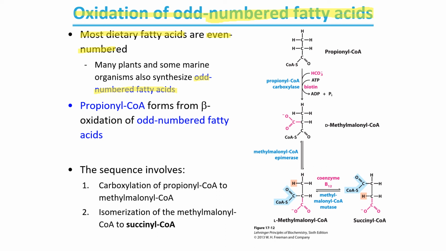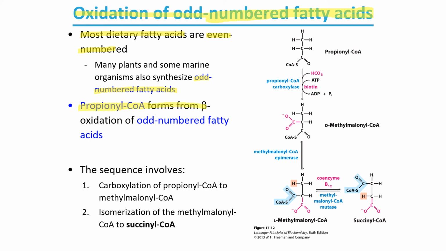So that is the problem, that we end up at 3 carbons rather than 4. That 3 carbon molecule we cannot directly break into two acetyl CoAs because it requires a 4 carbon molecule. So the thing to remember is that at the end of these odd numbered fatty acids, we get a 3 carbon molecule known as propionyl CoA.